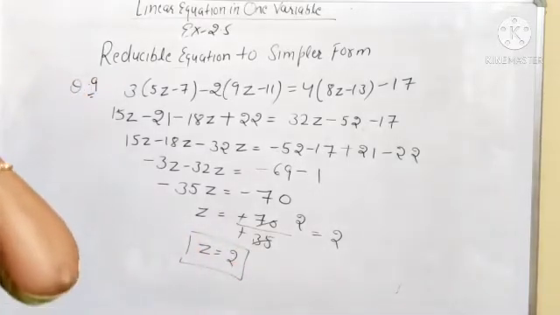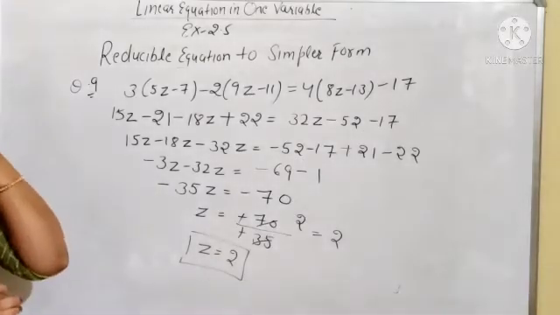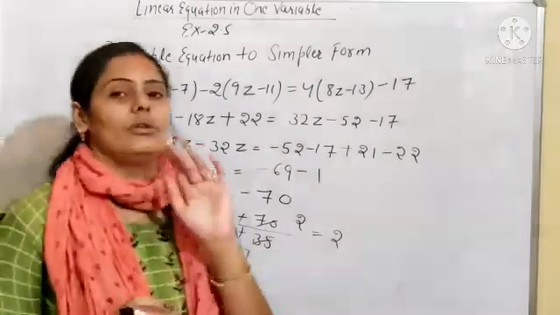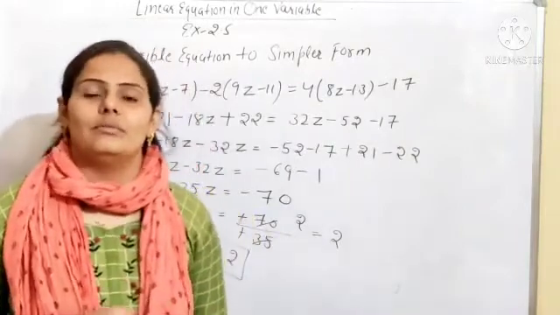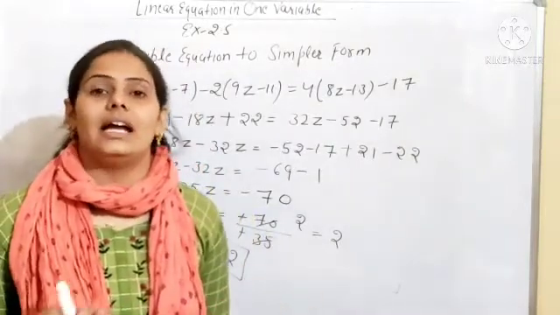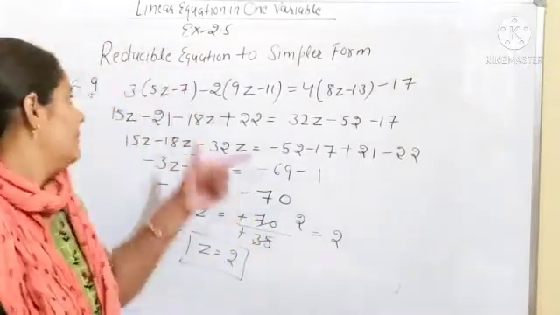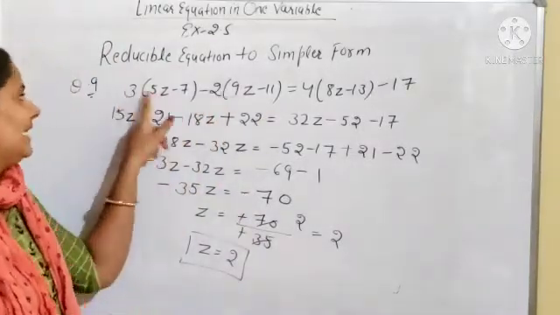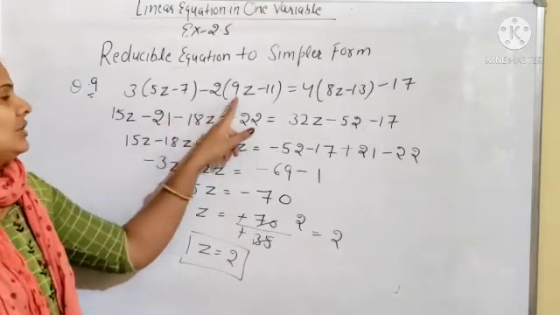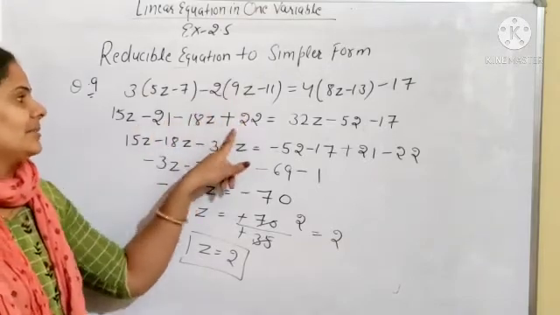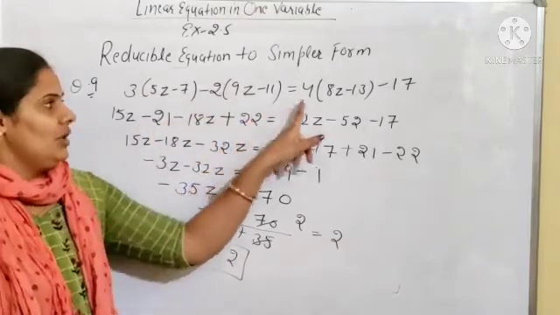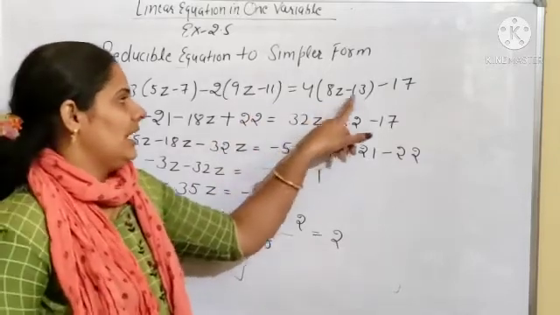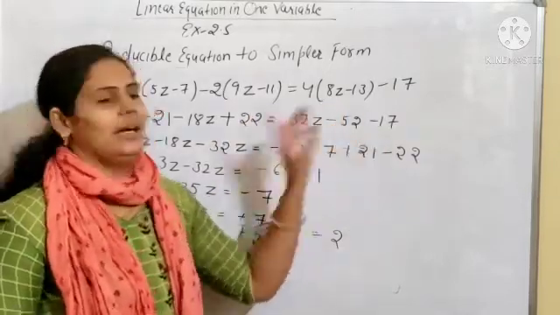Clear? So how will you solve this type of equation? First step, I have told you, when it is not given in numerator upon denominator form, simply you will open the equation with the help of distributive property. So first you will open the bracket. 3 into 5z 15z, minus 3 into 7 21, minus 2 into 9 18z, minus minus plus 2 into 11 22, 4 into 8z 32z, and minus 13 into 4 52, minus 17.